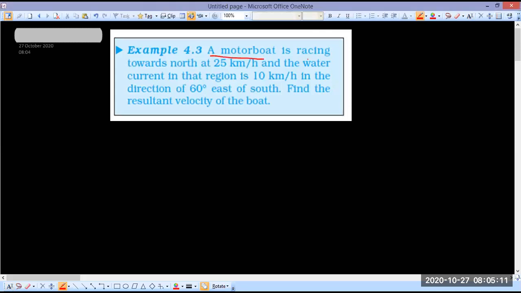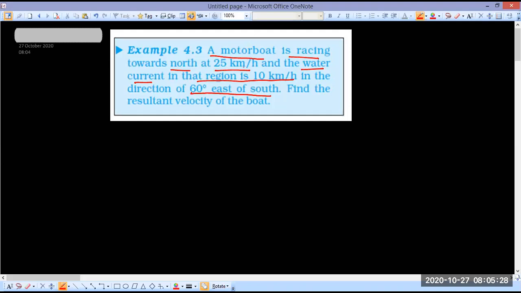A motorboat is racing towards north at 25 km per hour, and the water current in that region is 10 km per hour in the direction 60° east of south.